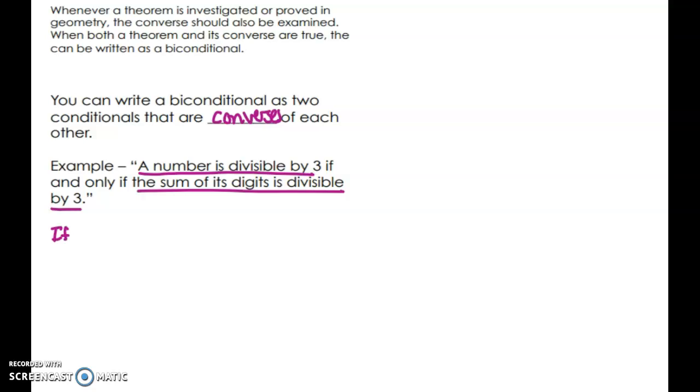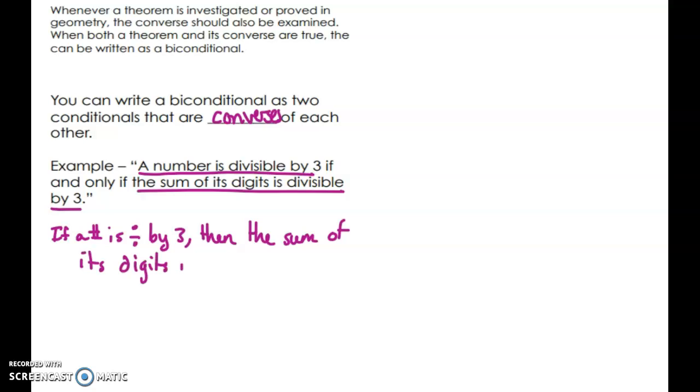So let's say if a number is divisible by 3, then the sum of its digits is divisible by 3.